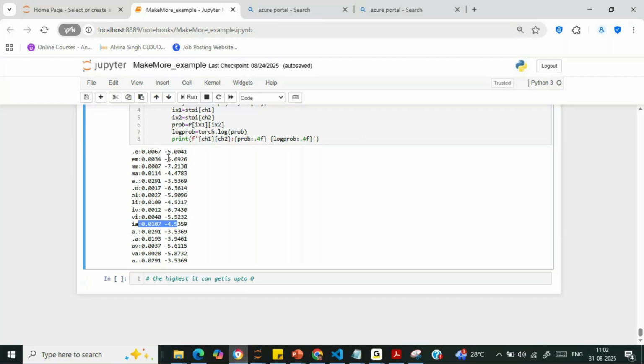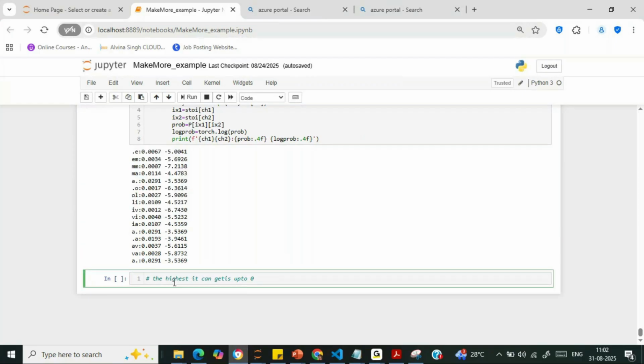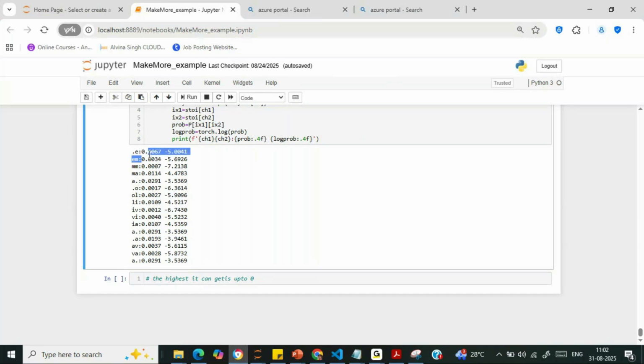So we are getting a negative number, and the highest it can get is 0.